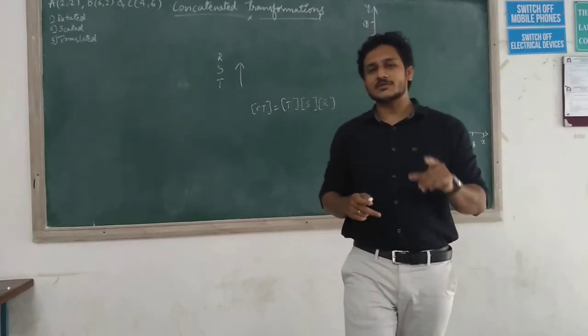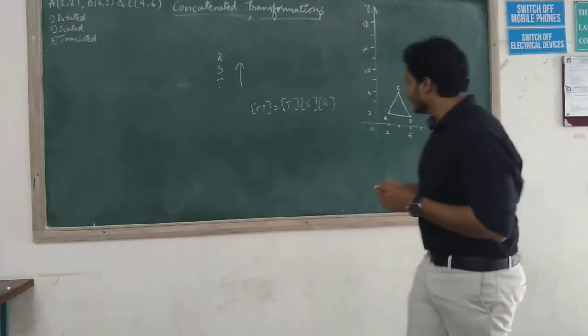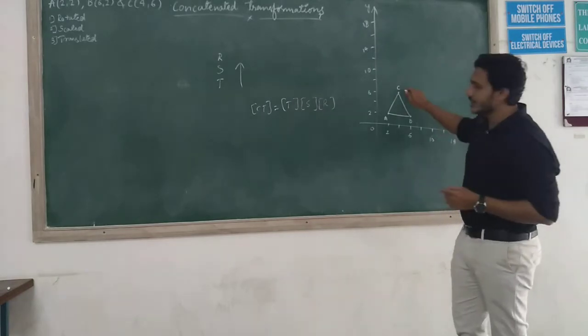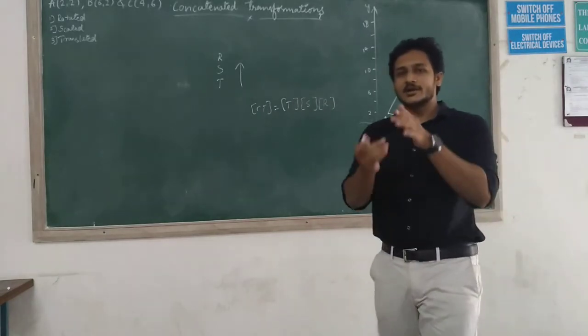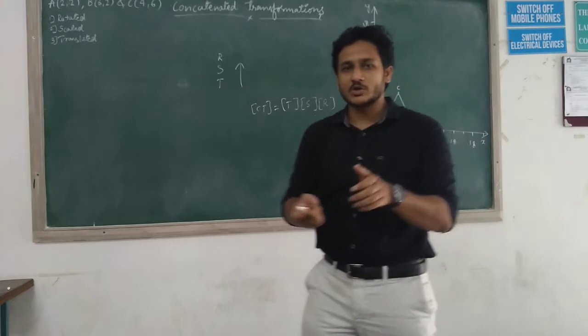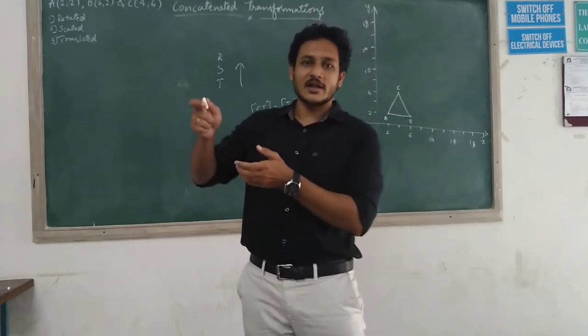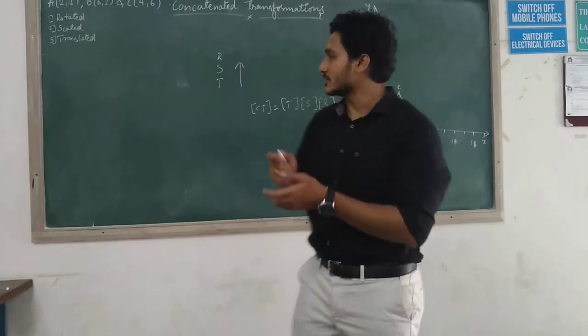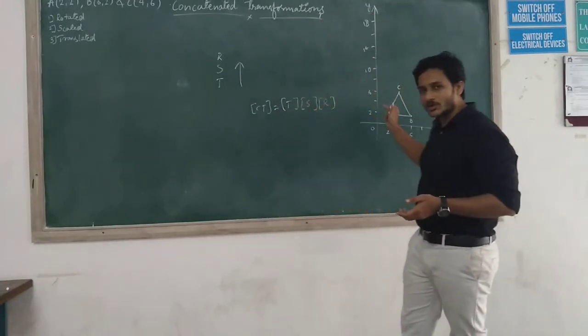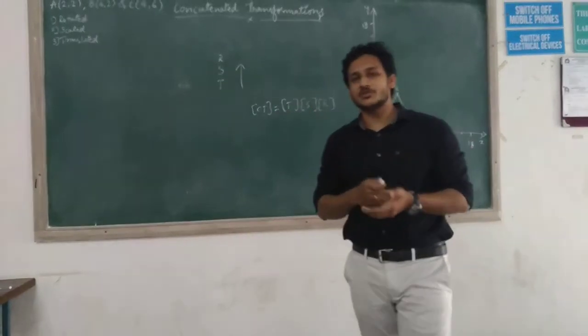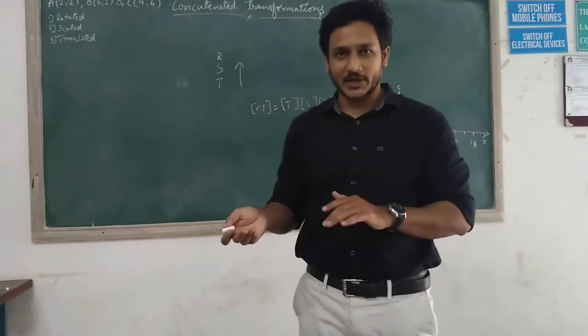In the last class we discussed that when we rotate a body about any point, the body is also translated to some distance. So rotation about a point is a combination of translation and rotation.